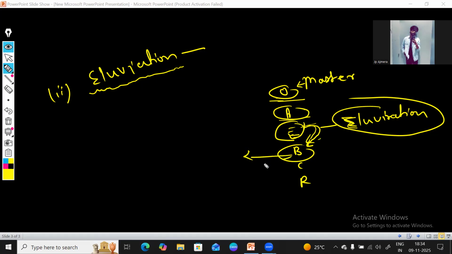That is the zone of maximum accumulation. So this process is the third fundamental soil forming process. Is that clear to you guys?